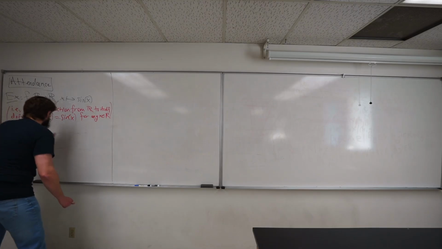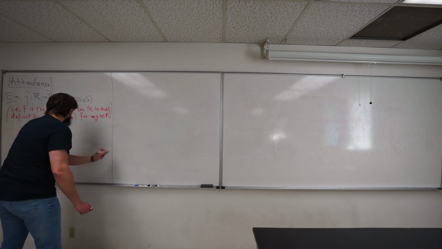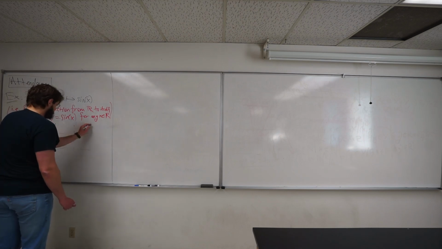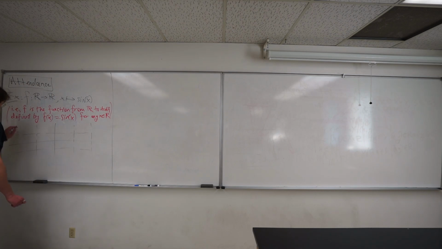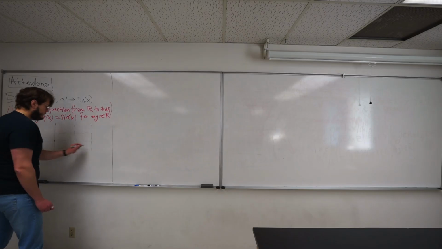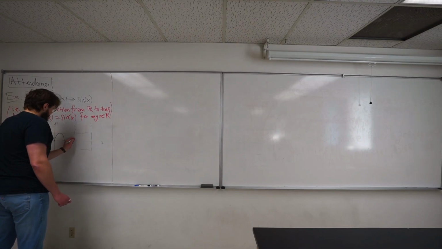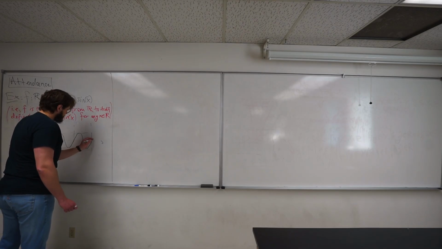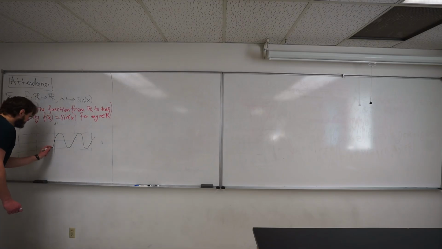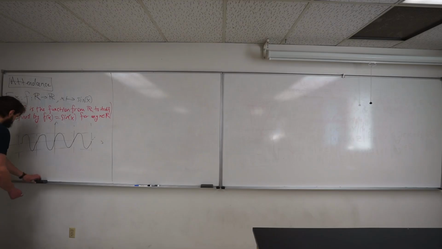Something like so, and then like this. That's 0. Then it looks like so. And so this is the graph of the function. Apologies for the picture.